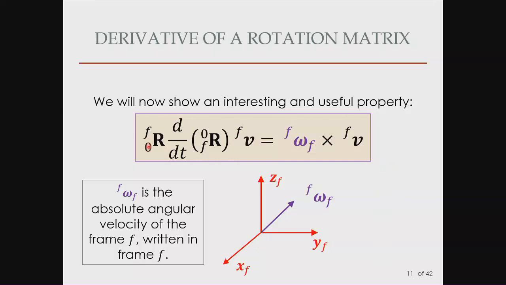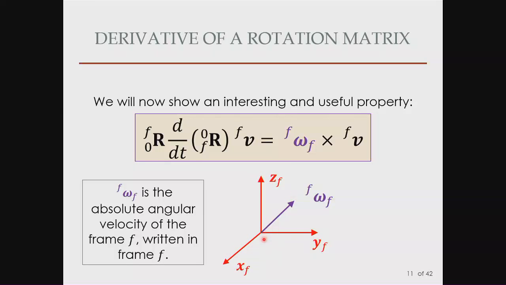And then I will use it to quickly get the formula. You already see that this part appeared in the derivation of a product. So we have here this red axis to stand for some frame f that is moving, rotating, changing its orientation.